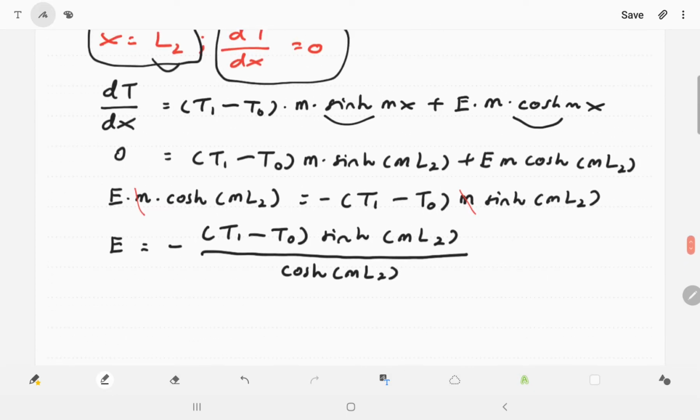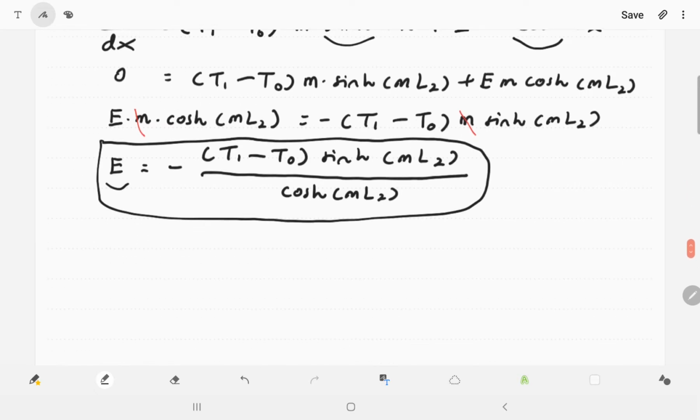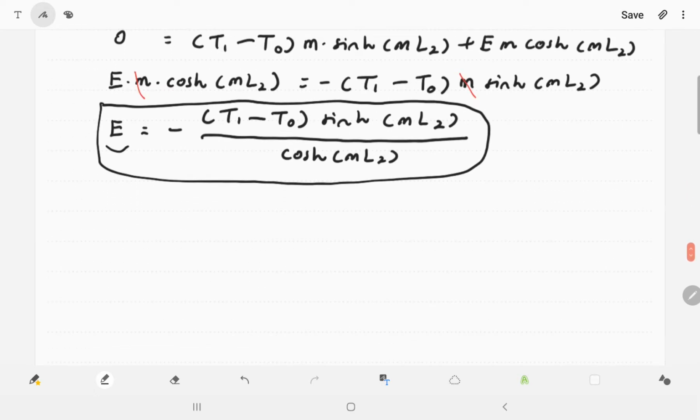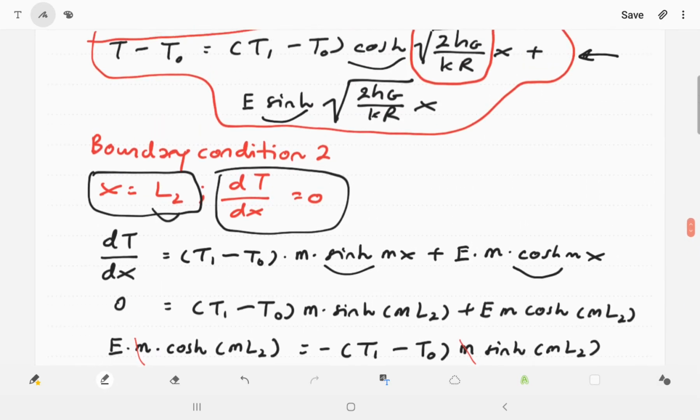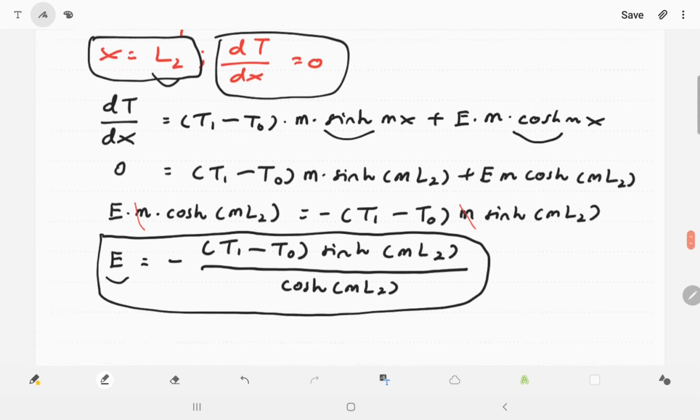Then we continue again. Now we know the expression for E. Now we put this expression of E back into this equation in here.